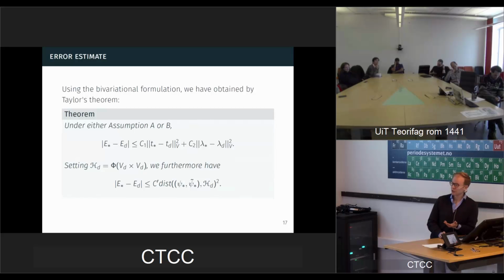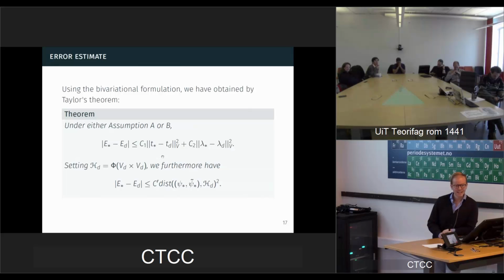But of course, if you compare the Lagrangian with the bivariational energy, you see that the Lagrangian multipliers are in a way like linear approximations to these cluster amplitudes here. So it's very much in parallel to the coupled cluster theory, and what you might expect to have. I don't know if that was what you were fishing for.